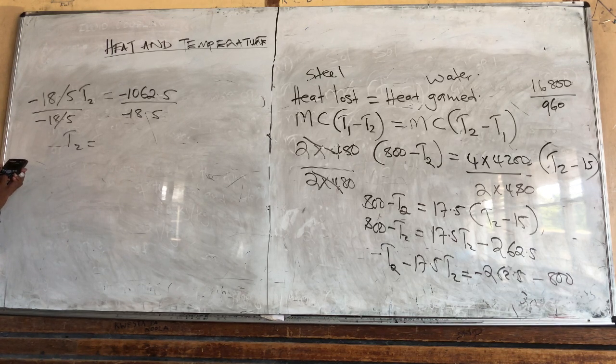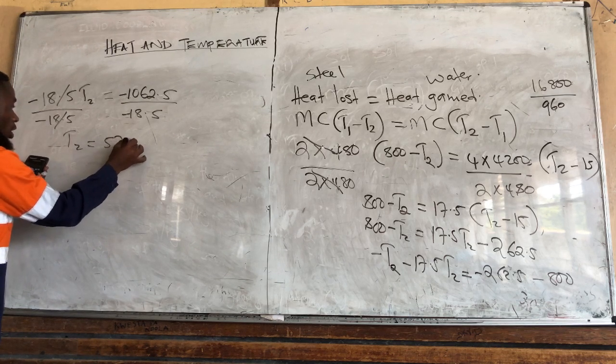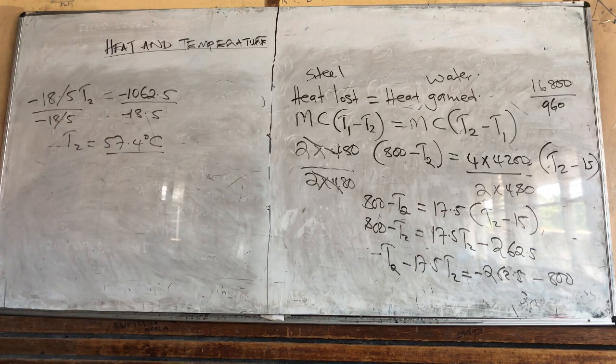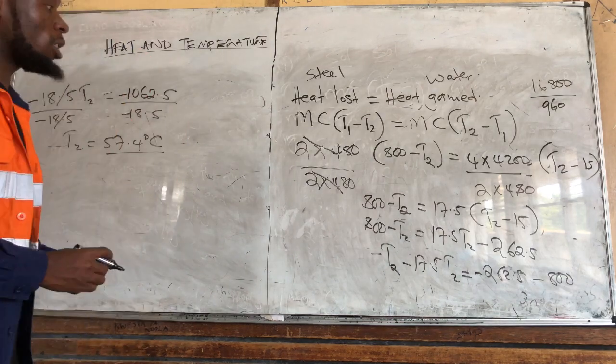Then divide by negative 18.5. So the answer here is 57.4 degrees Celsius. This was the answer, 57.4 degrees Celsius, right?